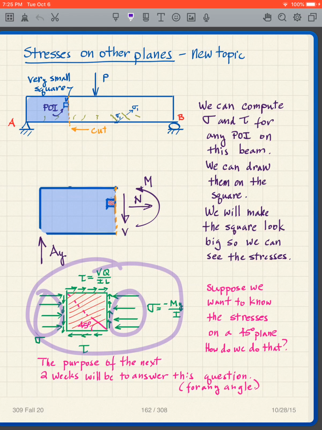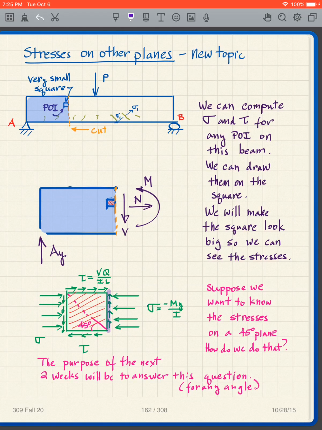Now, notice that we've been talking about planes. In other words, this plane here, the sigma is perpendicular to that plane. That's how we get the normal stress. And it's this plane here, it's perpendicular to that plane there. And this is a horizontal plane, and this is parallel to the horizontal.